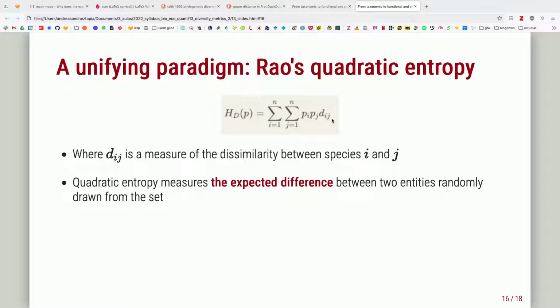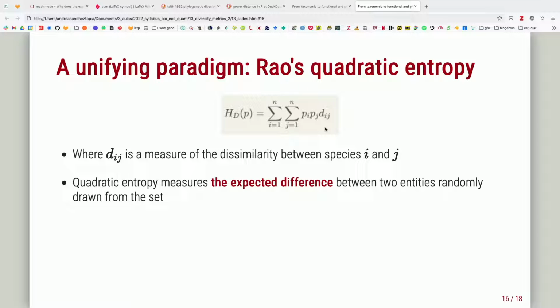The same holds for Rao with pairwise distance. When you use Gower's distance in the trait space, or you use phylogenetic distance in the phylogenetic space, you will have an expected difference of any two individuals in the same sample from the set.